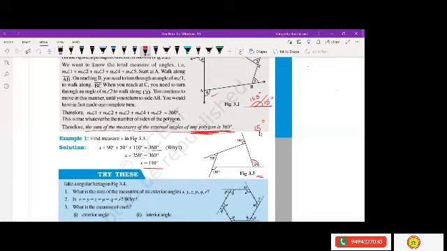So 15 degrees times the number of angles will be 360 degrees. The number of angles will be 360 by 15, which is 24. That means there are 24 sides.